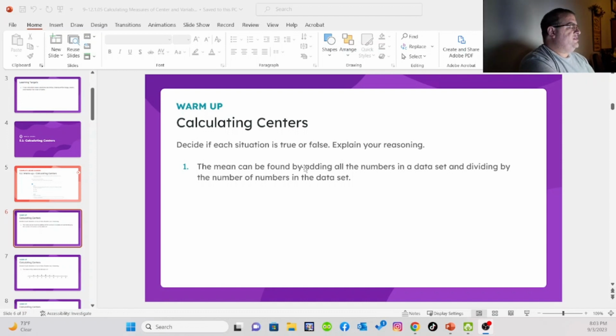So for the first situation, it says the mean can be found by adding all the numbers in a data set and dividing by how many numbers you had in the data set. Do you believe that's true or false? Take a minute, think about it on your own, talk to those around you, and then we'll answer it as a class.